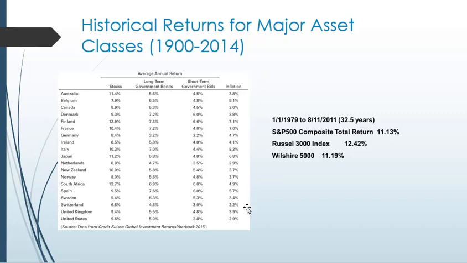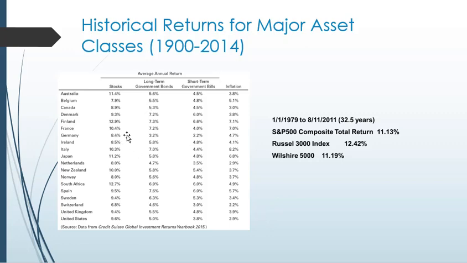And we also have the inflation rates for these countries. So if you look at the United States, stocks was 9.6% and inflation was 2.9%. So the real return here was roughly 6.7% is what the real return of stocks was from 1900 to 2014.